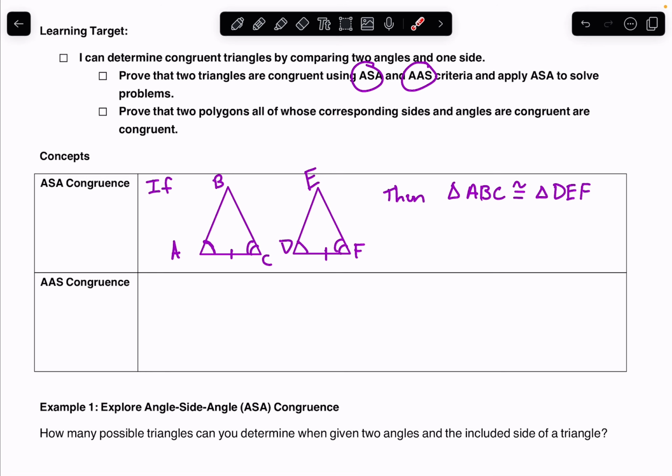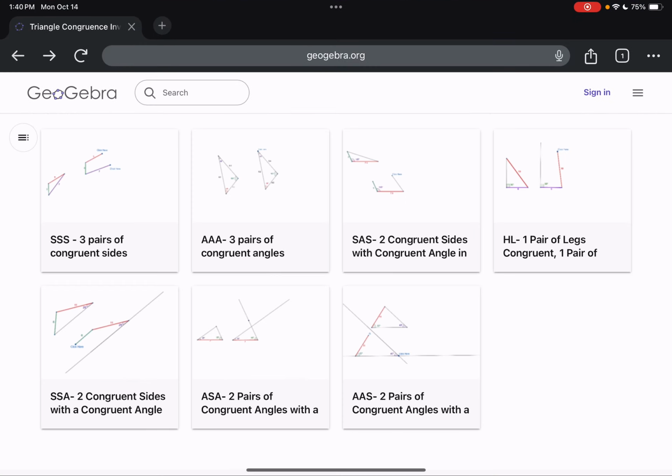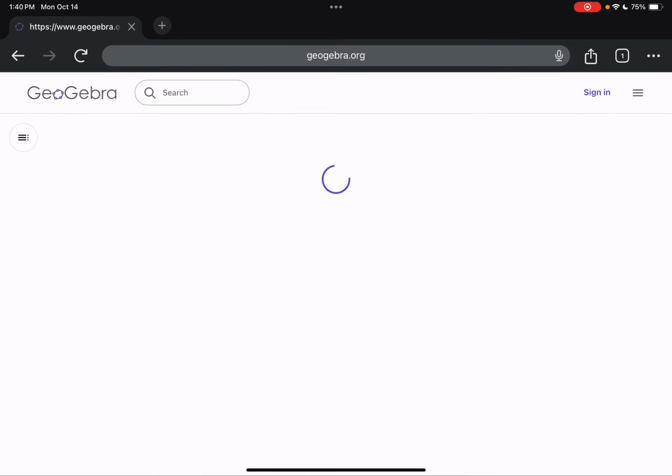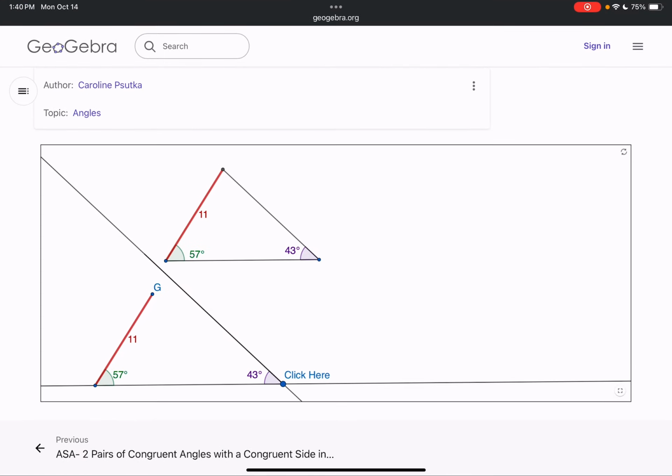In angle-angle-side, we can bring up the tool again to see what happens if I have two angles and a side like this. So here's two angles, and they have a congruent side that's not in between them. So they have a 43-degree angle, a 57-degree angle, and a congruent side of 11.